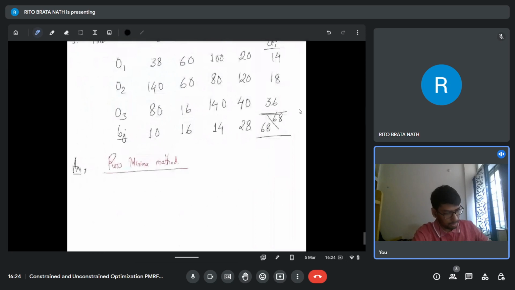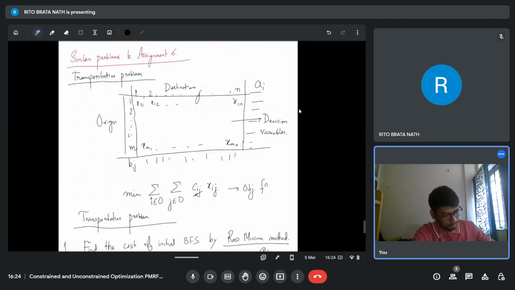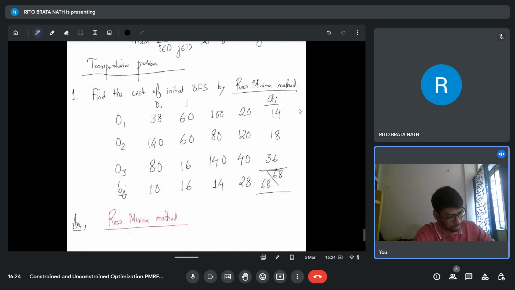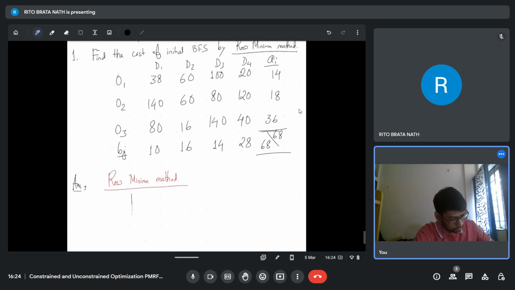So it's a 3 by 4 table, right? So you have four destinations. So I've written it like this: D1, D2, D3, D4. Okay, I have created one table. So this is origin 1, 2, 3, destination 1, 2, 3, 4.